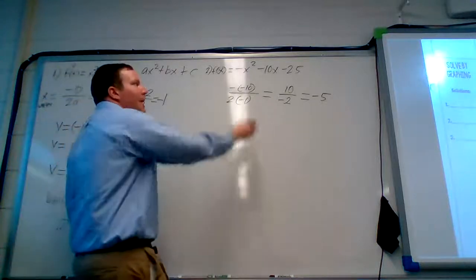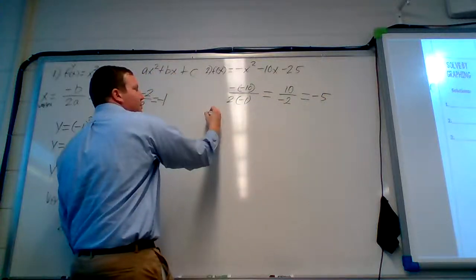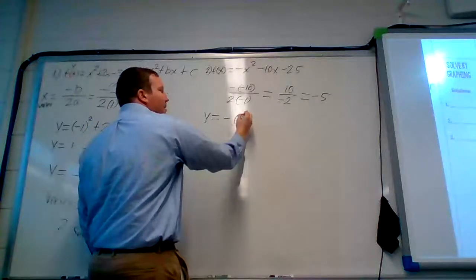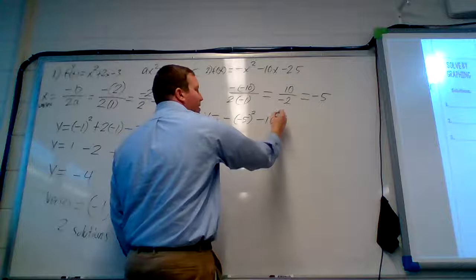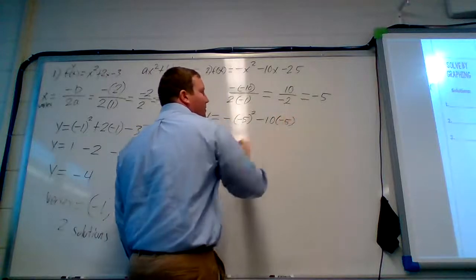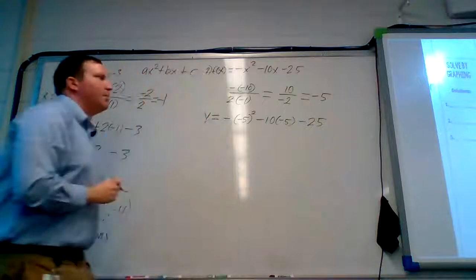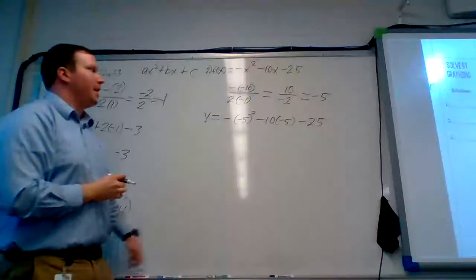Now we need to find our y value. So we're going to take that and plug it right back in for our x value. So we have negative times negative 5 squared minus 10 times negative 5 minus 25. So we need to simplify.